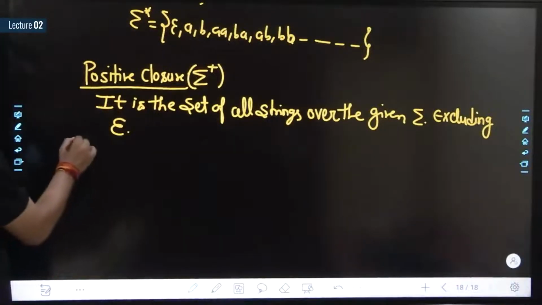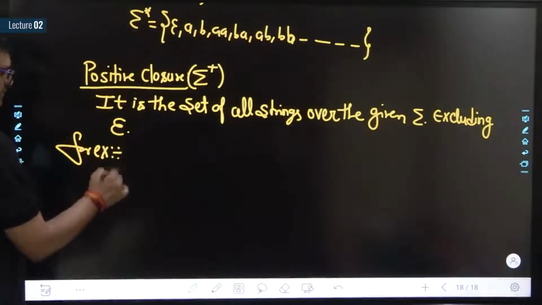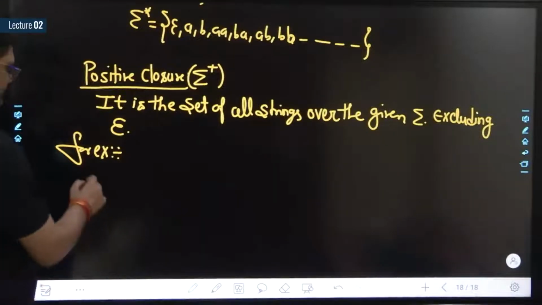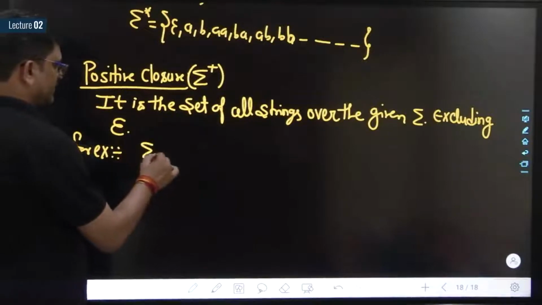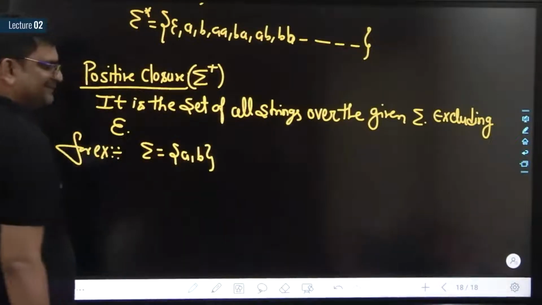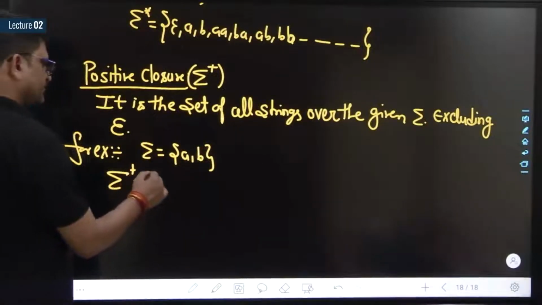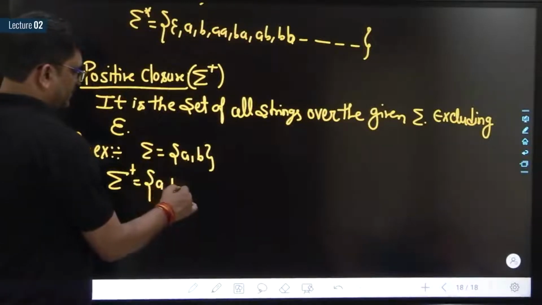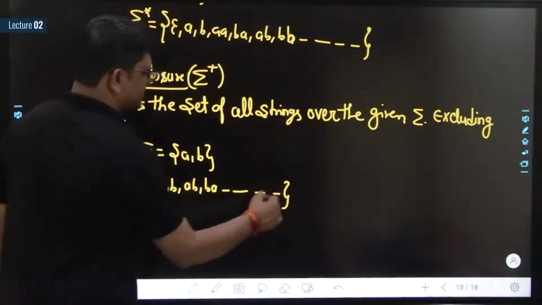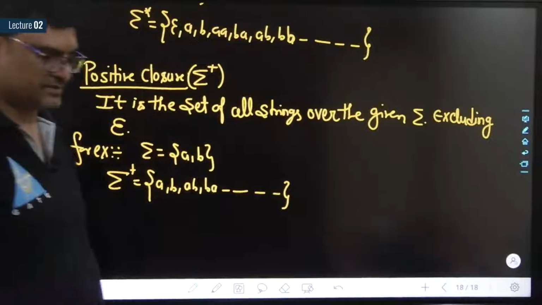For example, sigma is a and b. Sigma plus equals a, b, aa, ab, ba, and so on. This is the positive closure.